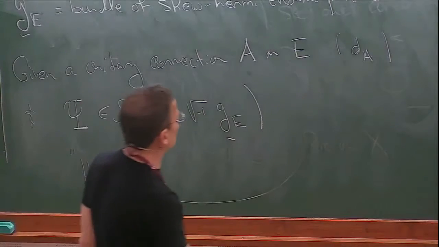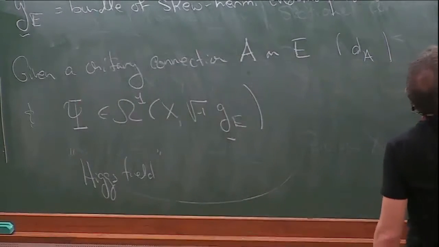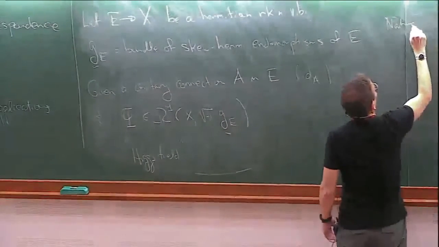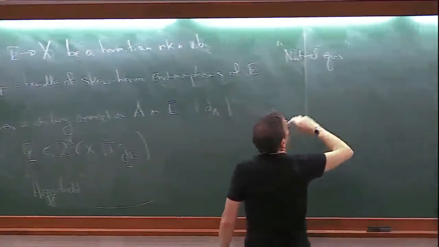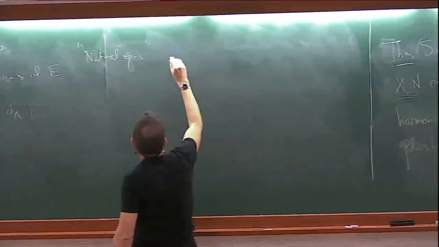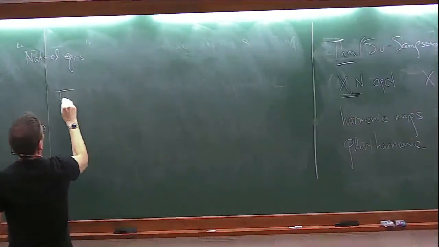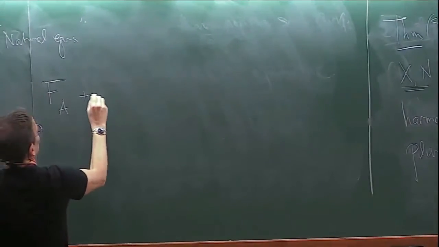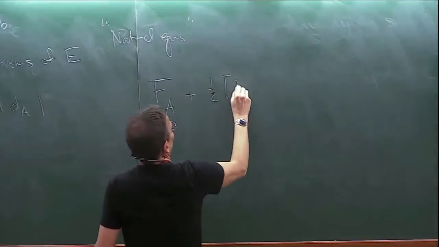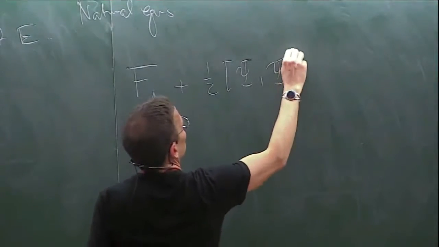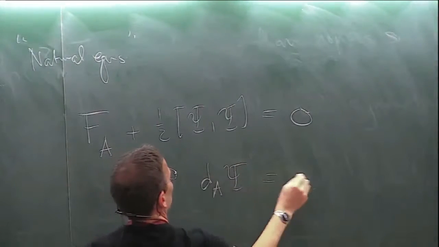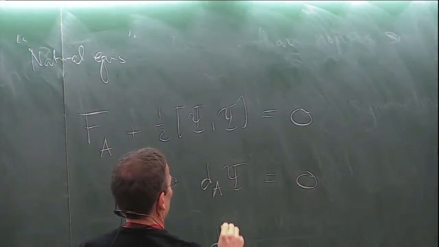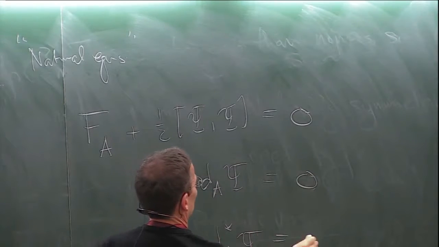So then we can write down some natural equations. I don't know if they're natural or not, but in some sense, to a physicist, they would be rather natural equations, namely the curvature plus the bracket of psi, and then d psi equals 0, and dh psi equals 0.